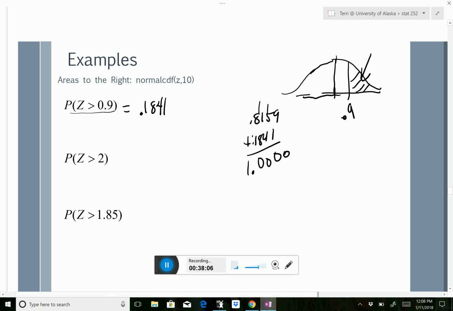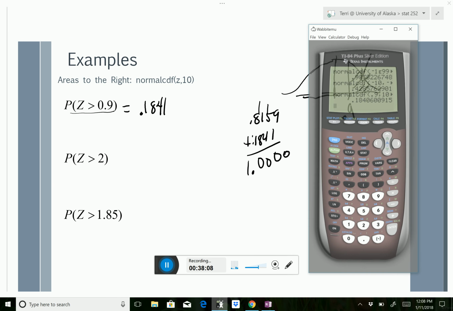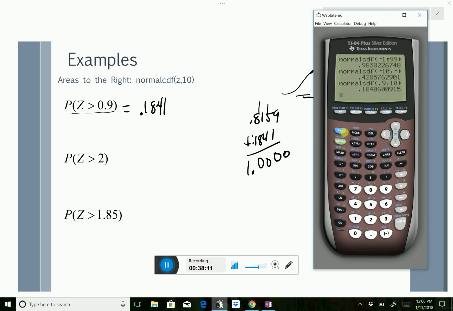So let's look at 2. What's the area under the standard normal curve greater than 2? So let's go back to my distributions, number 2. So now I'm 2. And I have 0.022875, whatever.